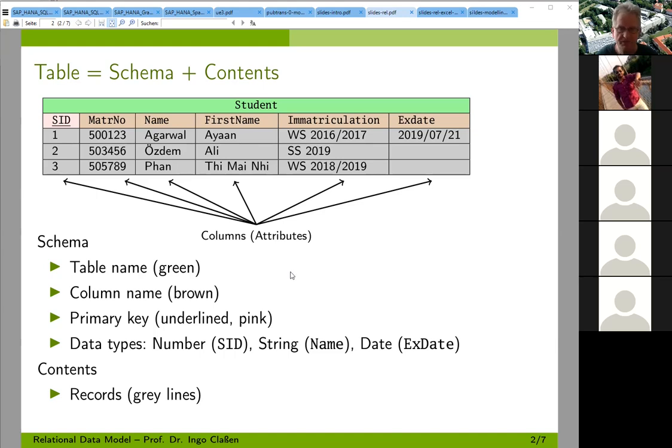And if we have the table name, of course, we also need column names. So we have several column names. For example, we have the name of the student, and we have a first name, and we have immatriculation semester, for example, and we have an exmatriculation date. This is the date when you leave, when you have finished with your studies.